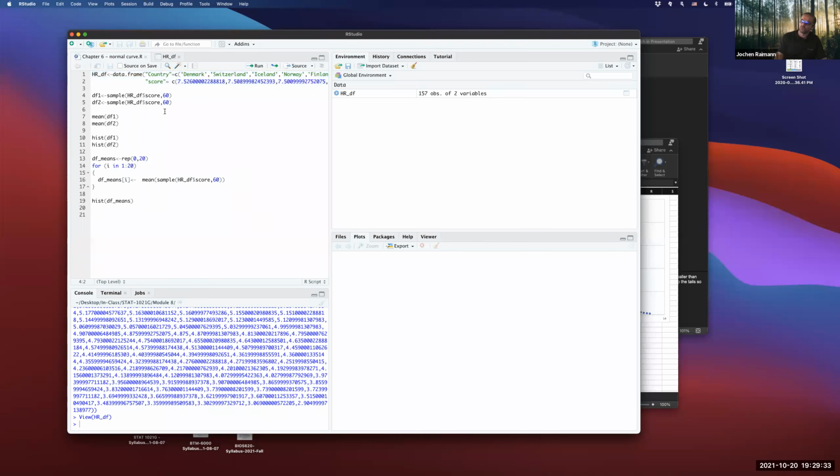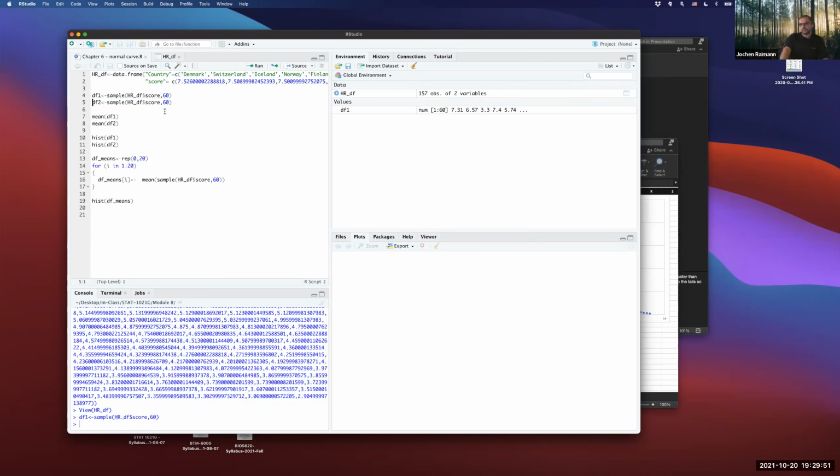So now I want to create two sub-data frames, each a sample with 60 scores, randomly sampled from your overall data frame. So I create two of these data frames, which contain 60 happiness scores.